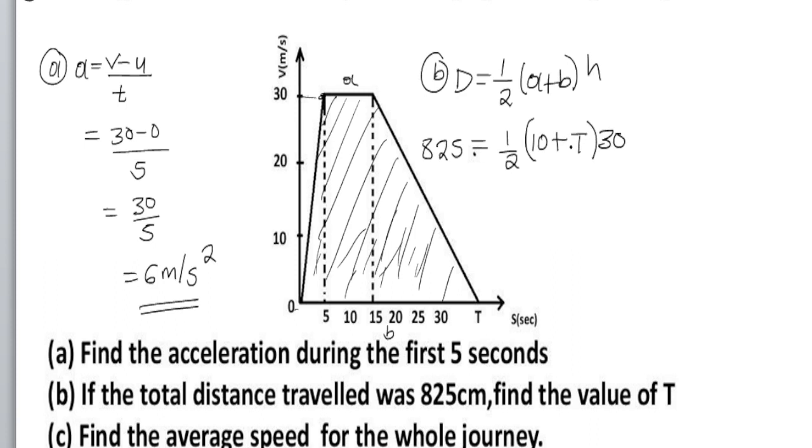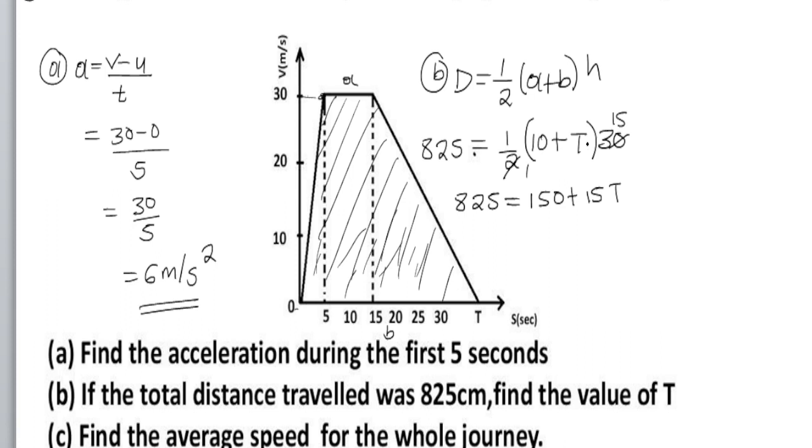Then from there, what are we going to do? We proceed. We're going to say 825 is equal to 2 into 2 is 1, 2 into 30, that is 15. Then 15 times 10, we are now multiplying what is outside with what is inside, is 150. Then 15 times t, that is 15t.